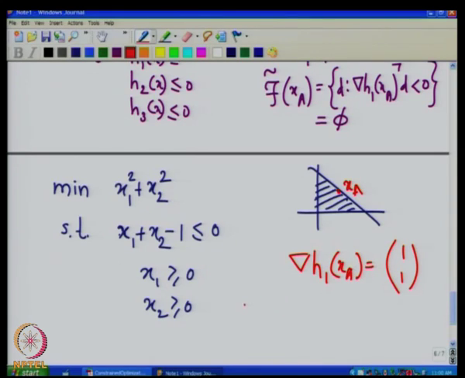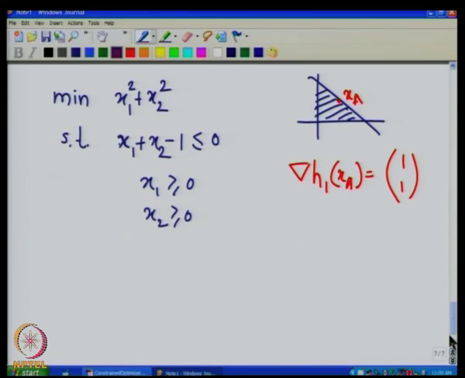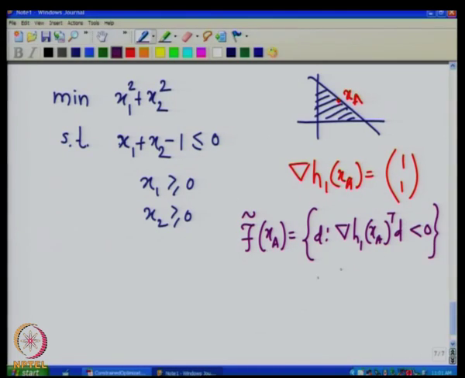So, if you write the f tilde x a here, f tilde x a will be the set of all directions d such that gradient h1 x a transpose d is less than 0, and this is nothing but the set of directions d such that d1 plus d2 is less than 0, and this set is not a null set.